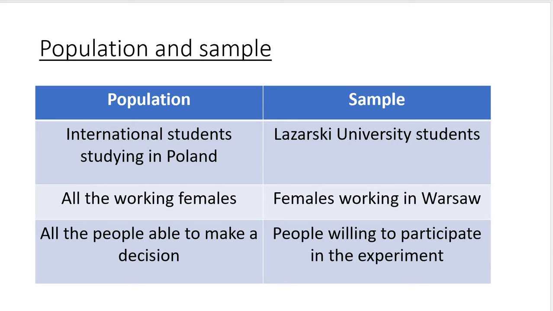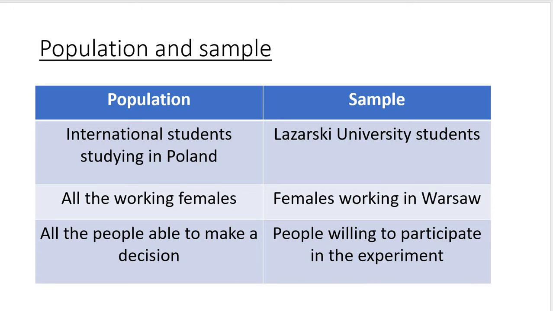It will take you too much time, it will be too expensive, so for obvious reasons, it's impossible. So in this case, probably you will survey Lazarski University international students, because in Lazarski University you actually have a chance to collect some information. So even though you're interested in all the international students in Poland, you are able to survey only part of them. So in this case, your sample is Lazarski University students.